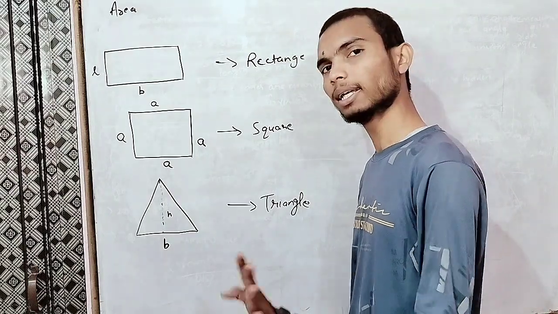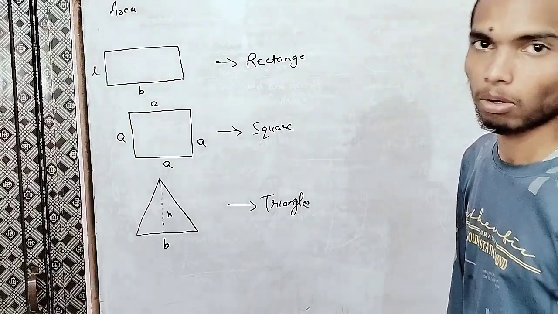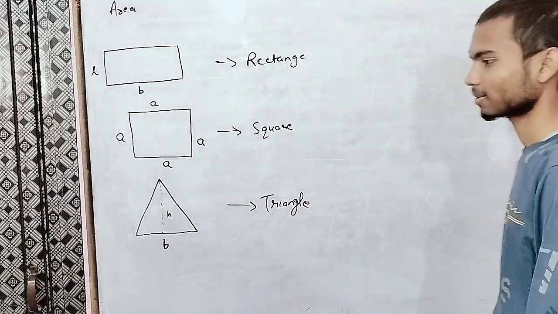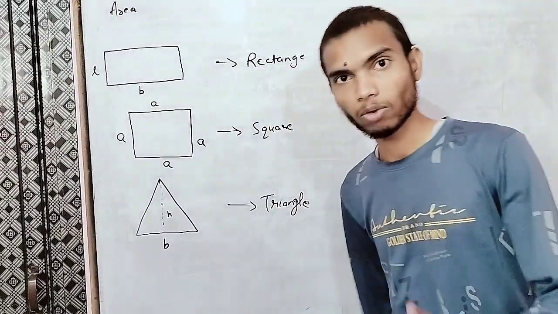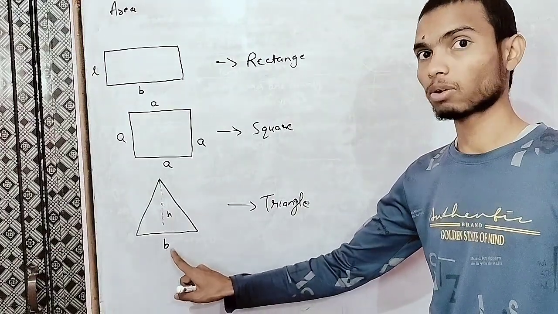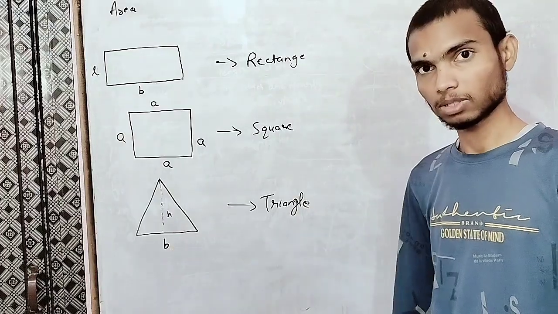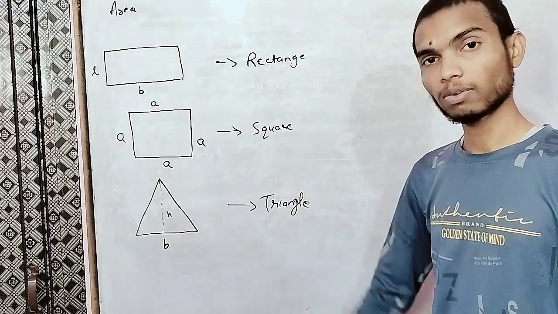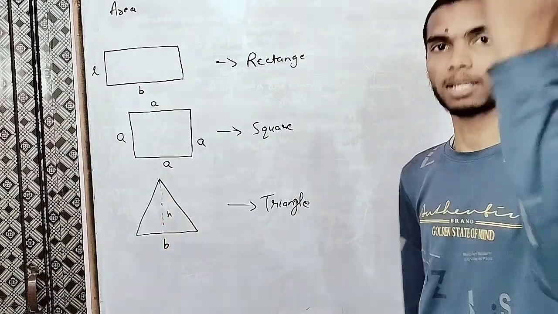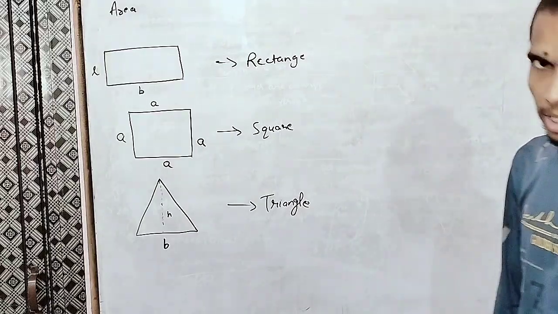It will happen in the shape of a triangle. Here we have two variables: the measure of the base, this side, will be something, but the measure of the height, this side, will be something else. Don't worry.